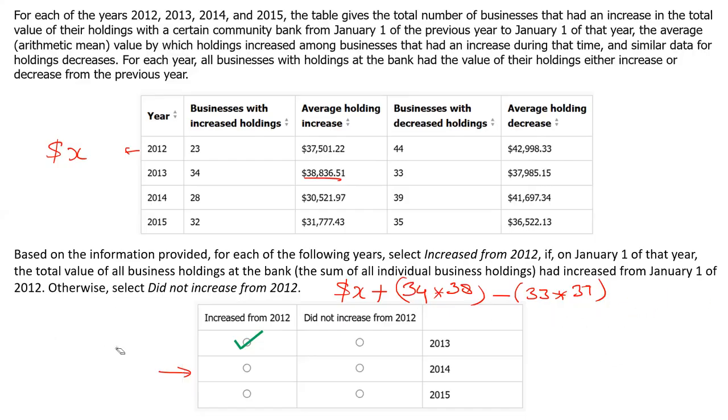Excellent. So, in 2014, what will happen is plus 28 into 30, right? Minus 39 into 41, right? Now what we are asking is, is this value greater than X or lesser than X? Agreed?